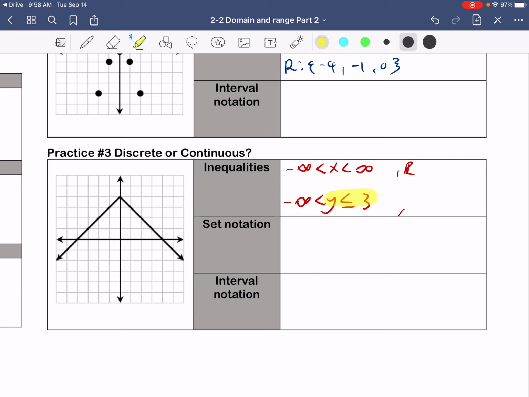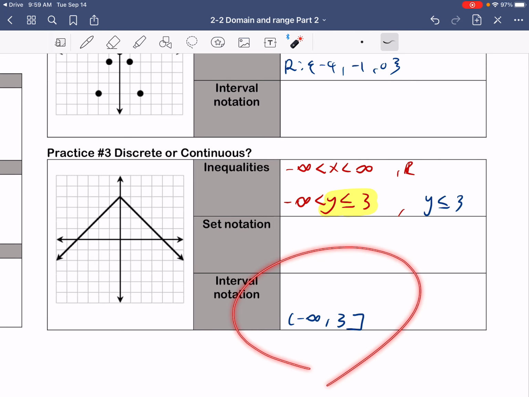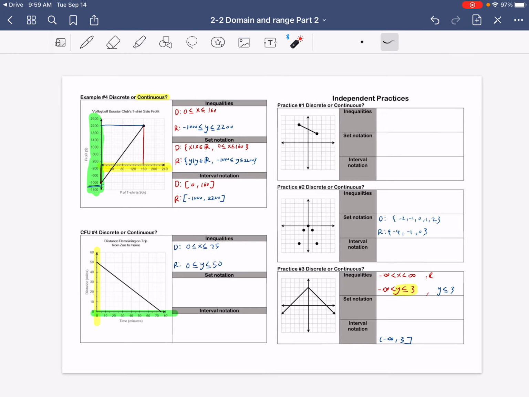And again, we're gonna only use this part. And do we have to flip the inequality symbol? No, not this time, because y comes first already. So that's it. When you write this one down in interval notation, it's going to be negative infinity to positive 3, like that. Again, if you switch the order, that's wrong.